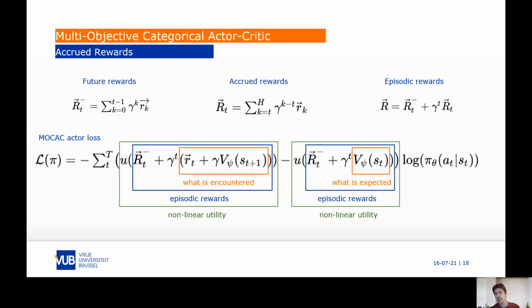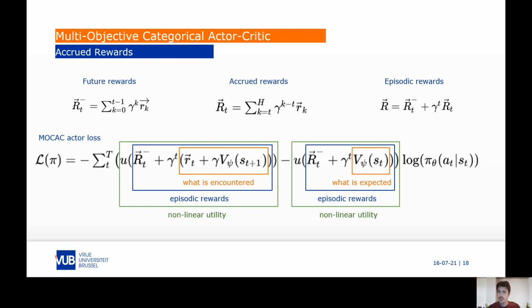So basically what we're doing is we're looking at the encountered utility versus the expected utility, the utility we expect it to have, and if we have a higher utility, then we will increase the probability of taking that action. So that's the first element we use to cope with our setting.